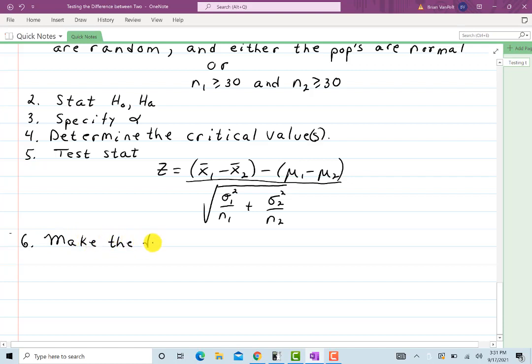I only write this out every time so that you can see that it's going to be the same steps we always do. The only difference here is the computations in the middle of them.